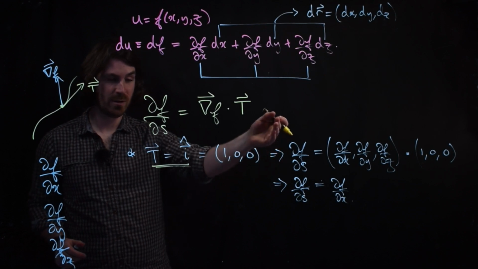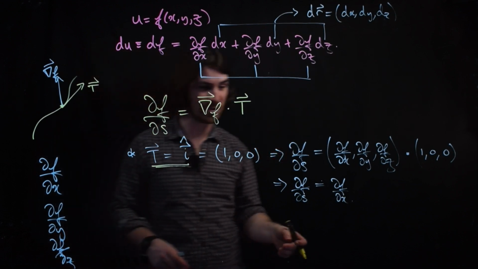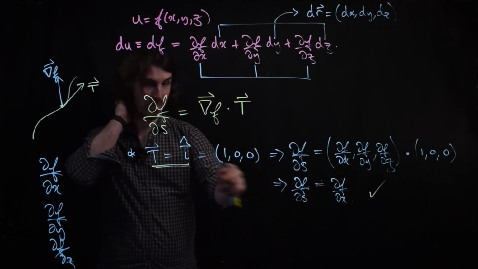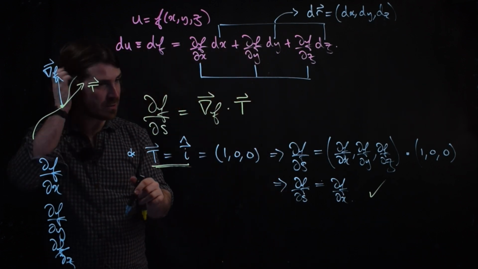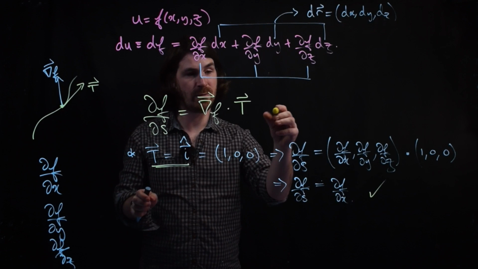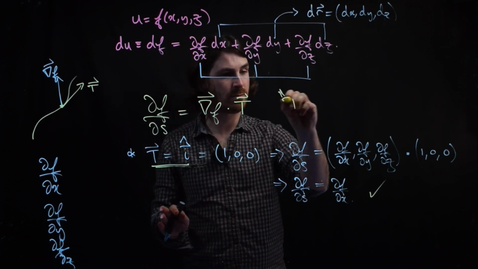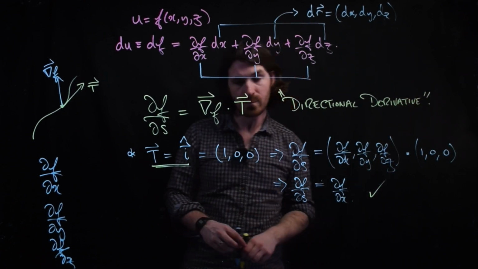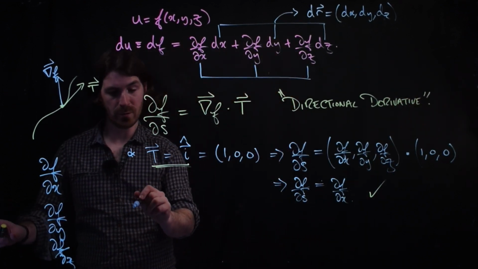So we regain our old result, which we do. This is kind of why we use this partial notation. So this is the directional derivative. And you get the same thing for y and z.